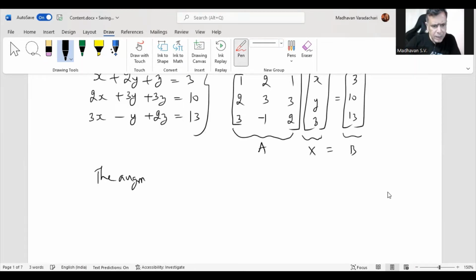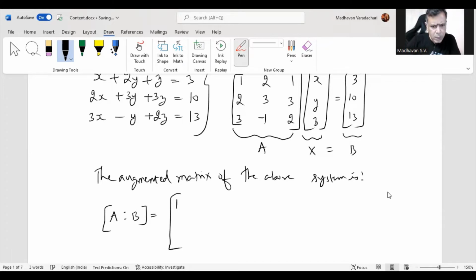The augmented matrix of the above system is, we will be writing it in the form of A colon B in matrix form, which is 1, 2, 1, and then we'll put a colon, then we'll write the B matrix element, which is 3, then 2, 3, 3, put a colon, write down the next one, then 3, minus 1, 2, put a colon and write down the next element.